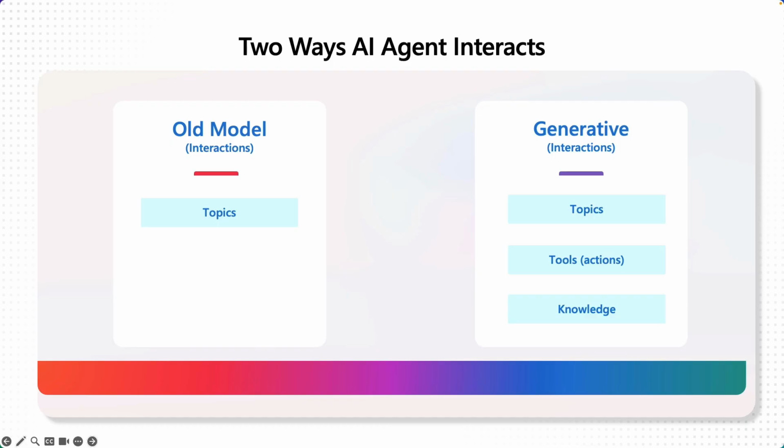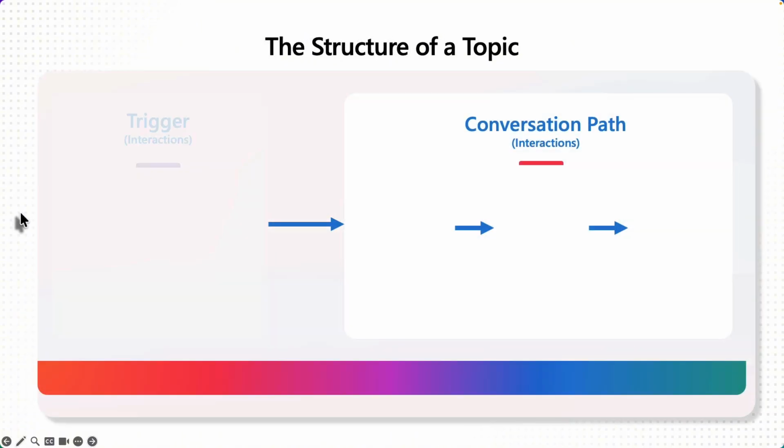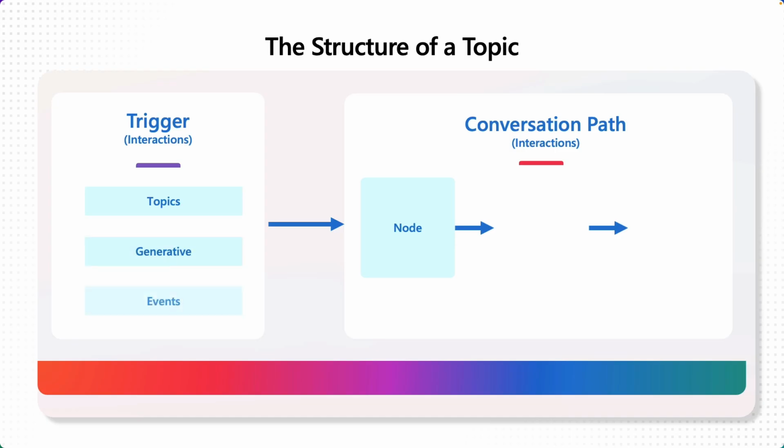Now, let me jump into the structure of a topic, and what it is going to look like. Basically, every topic starts with a trigger. In the classic mode, you have to list out every trigger phrase you can think of. An example of this is, how is the weather today, right? Now, in the smarter generative mode, you just describe what the topic does. The AI handles the rest. You can even trigger a topic using a specific event, like when a user signs in.